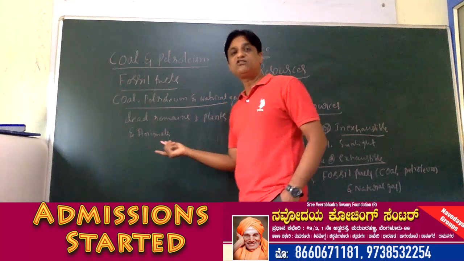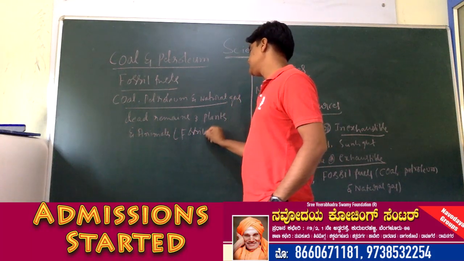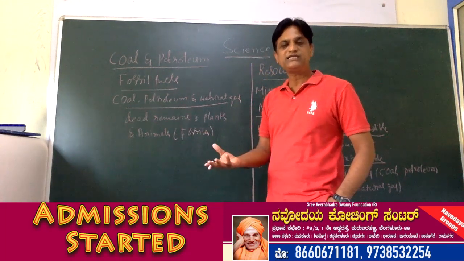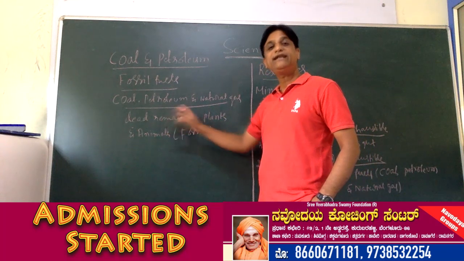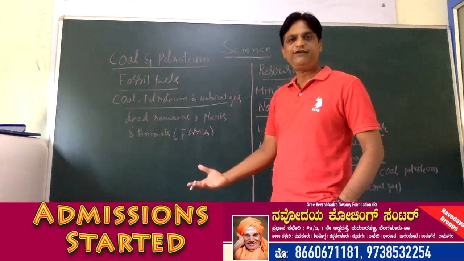Dead remains of plants and animals are called fossils. So coal, petroleum, natural gas are used as fuels and they are formed from dead remains of plants and animals. That's why they are called fossil fuels.